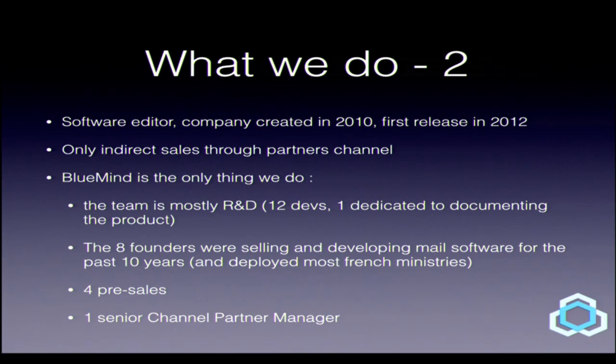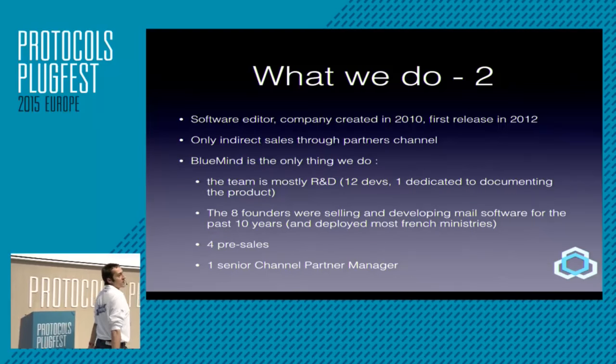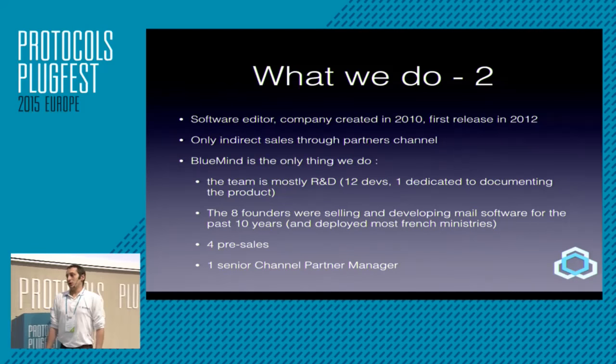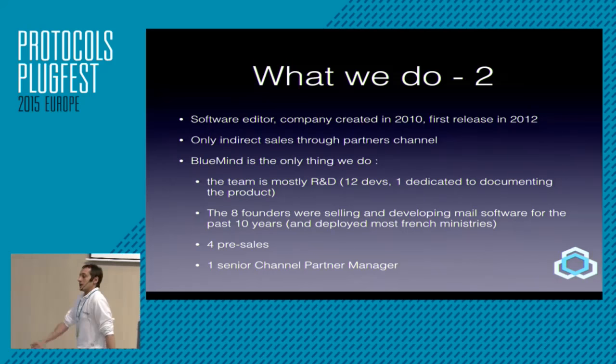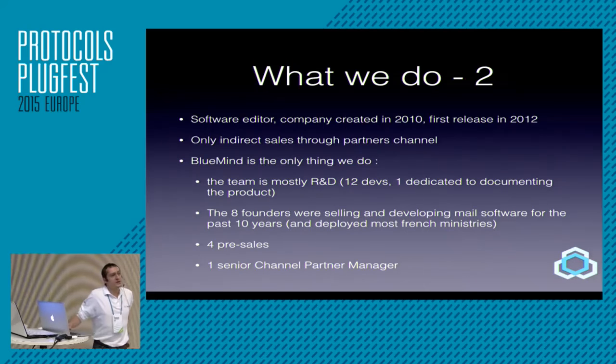The 8 founders were doing big software, big messaging projects in their previous life. So even if the company is young, we are quite experienced with messaging solutions. We have 4 pre-sales, and the first person we hired was our channel partner manager, because we wanted to focus only on the product and not do services.